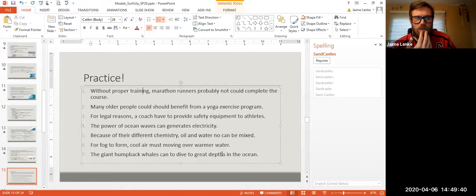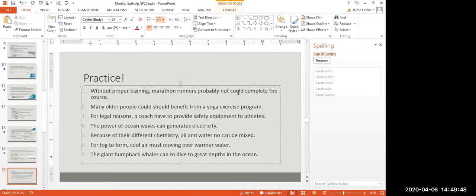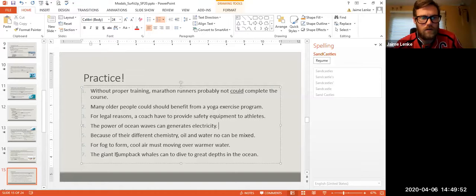How do we think we fix this first one? First of all, what's the modal in this sentence? Could, okay. So we have could. "Without proper training, marathon runners probably not could complete the course." What needs to change to make this sentence correct?